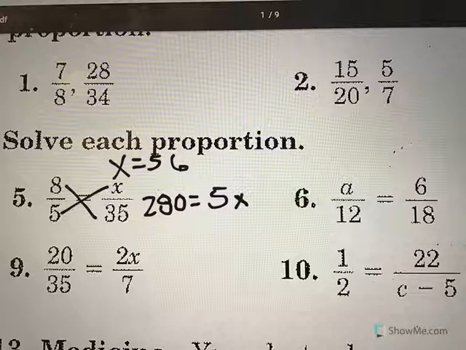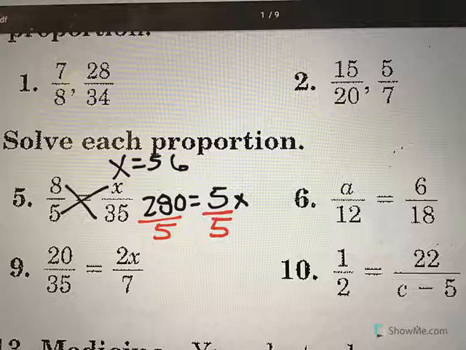Now this becomes a simple one-step equation. I need to isolate the variable. So what am I doing? I'm multiplying by 5. The inverse, or the opposite, of multiplying by 5 is dividing by 5. Whatever you do to the right side, do to the left side to keep it equal.